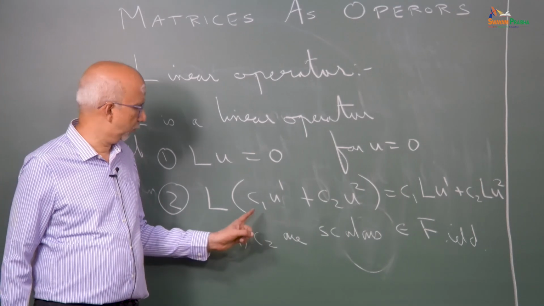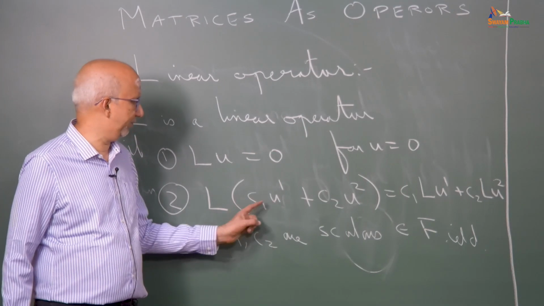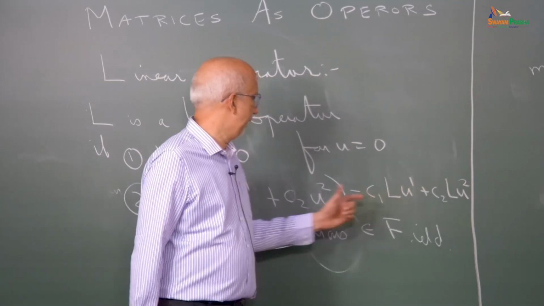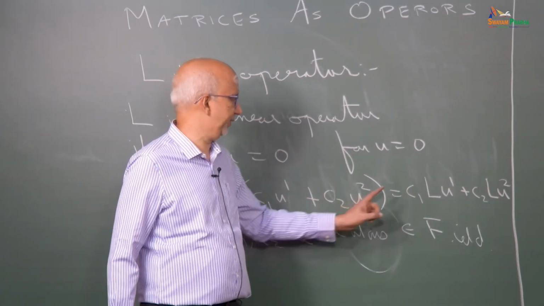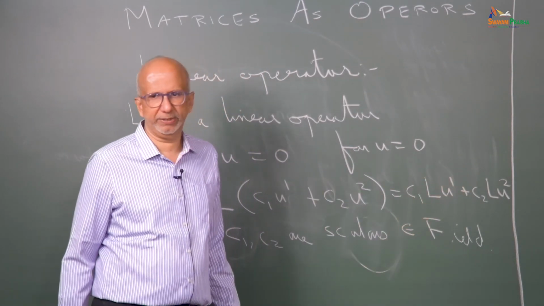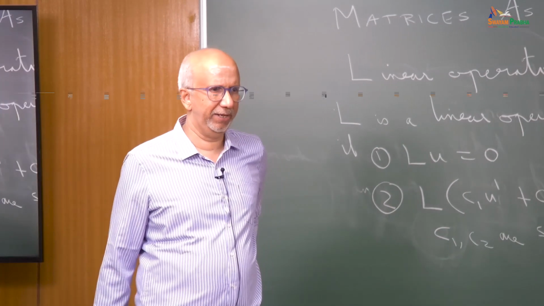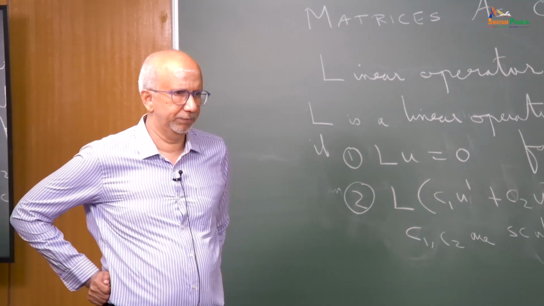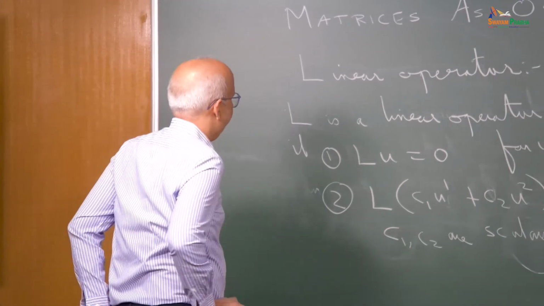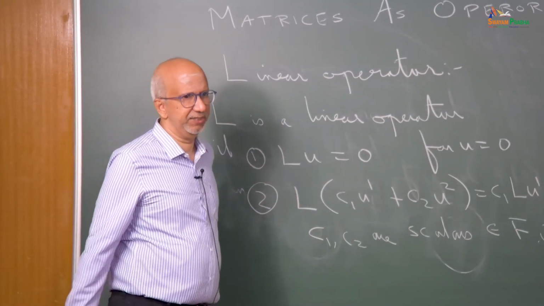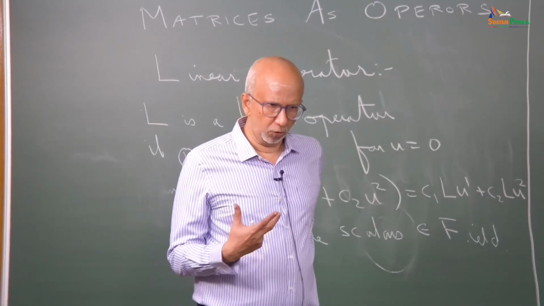So, L operating on C1 U1 is same as C1 L U1, L operating on something plus something is that plus that. So, vector addition. Basically L can be taken inside and C1 can be taken out. So, if there is an operator which satisfies this, then you call it a linear operator.